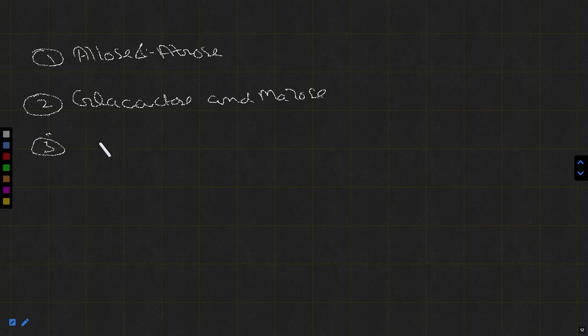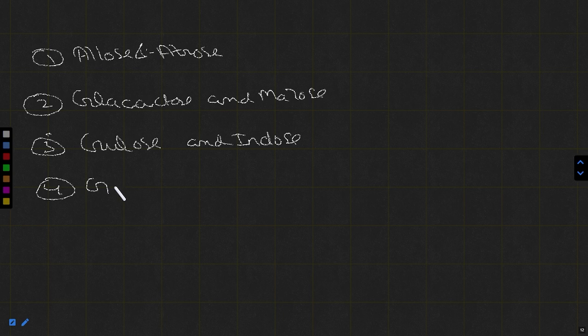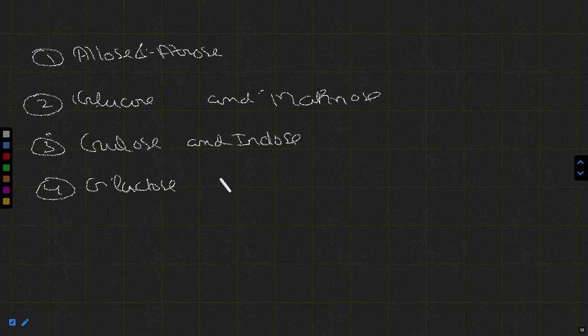Third, we have glucose and idose. Fourth, we have glucose and mannose. Galactose and mannose.